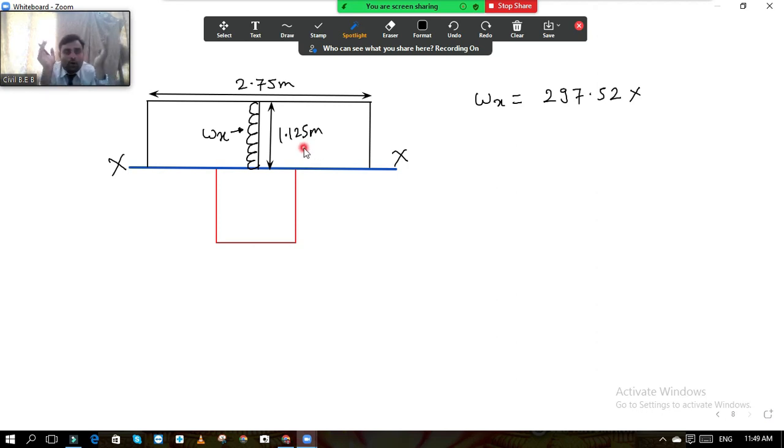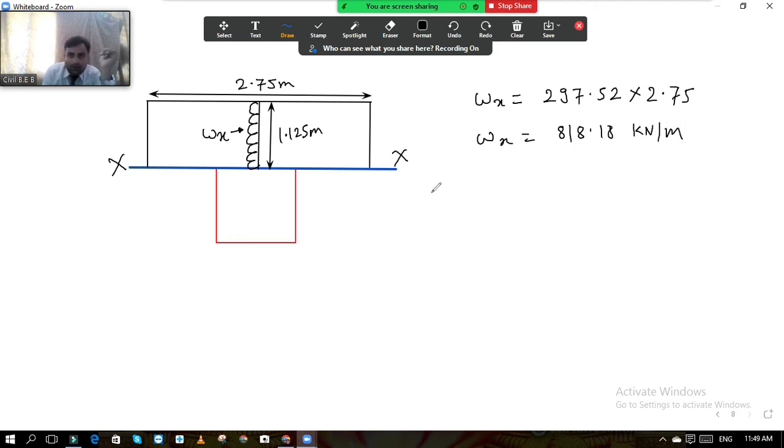So on which length you want to calculate the UDL, spare that length and multiply by the opposite length, and then you will get the conversion of this soil pressure into the UDL. I hope now you understood this. So here it is multiplied again by 2.75. Same thing: WX is equal to 818.18 kilonewton per meter.